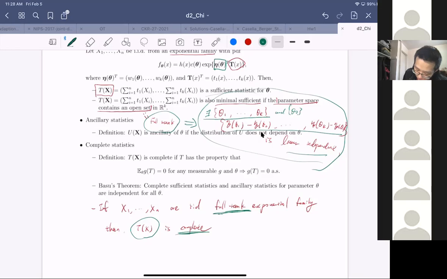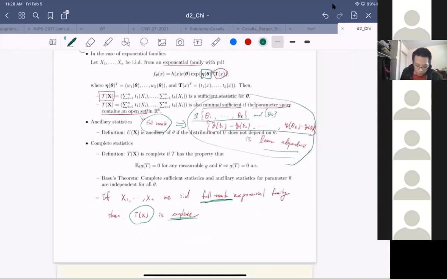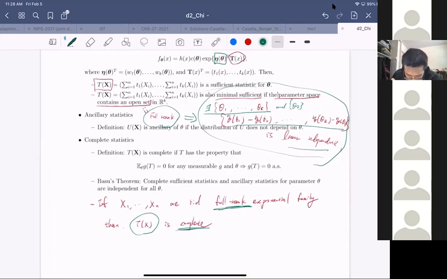So I think the other one is also 13. Full rank. Yeah.